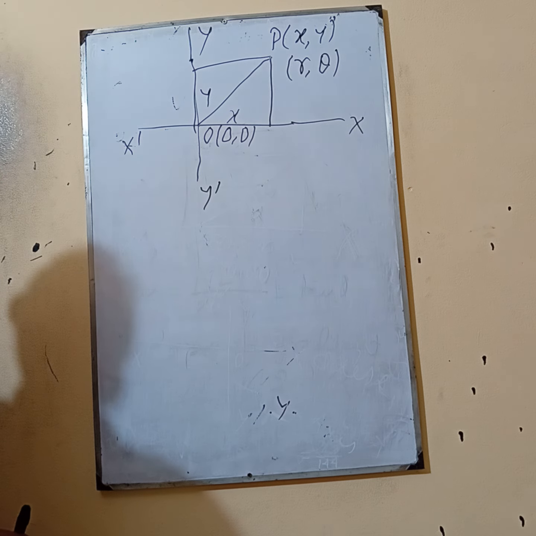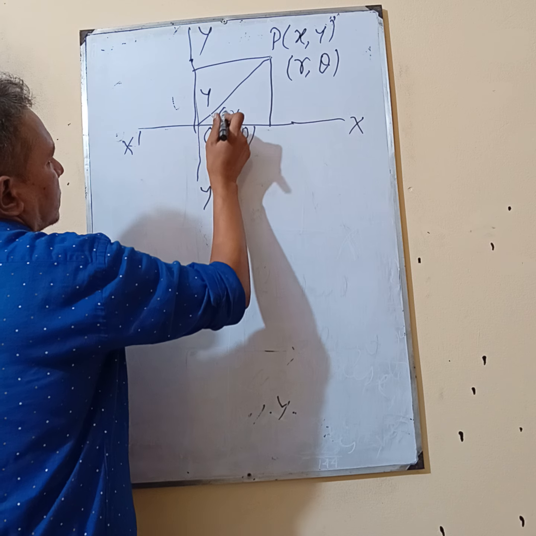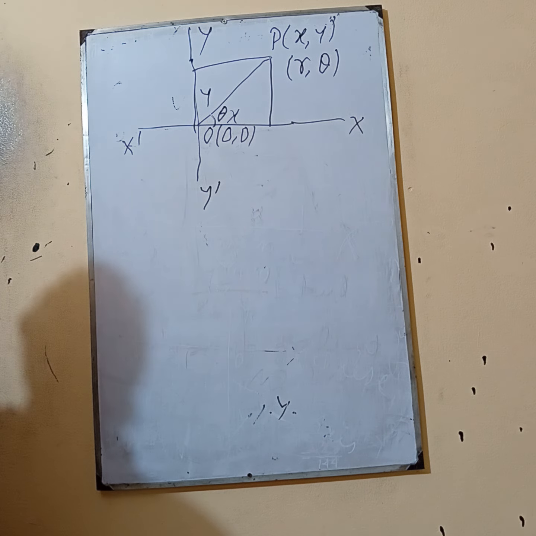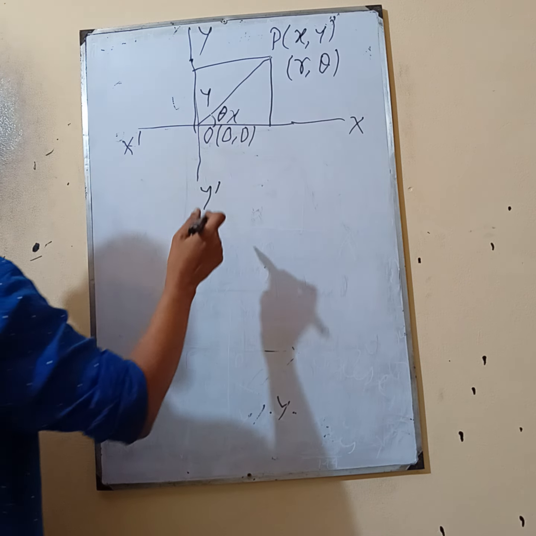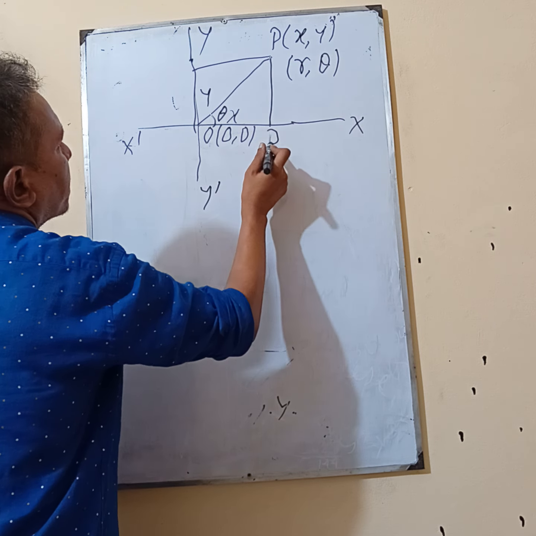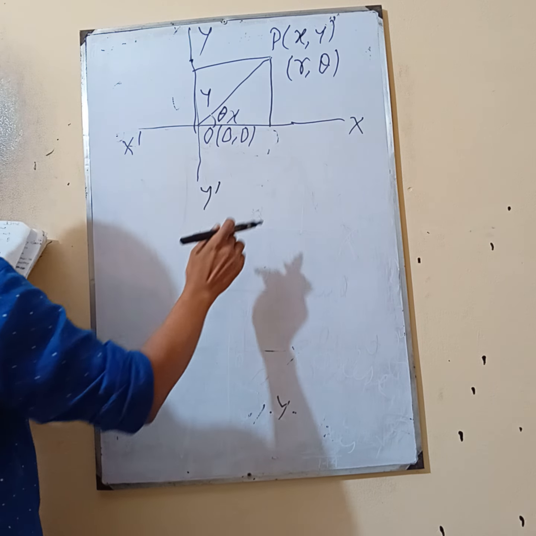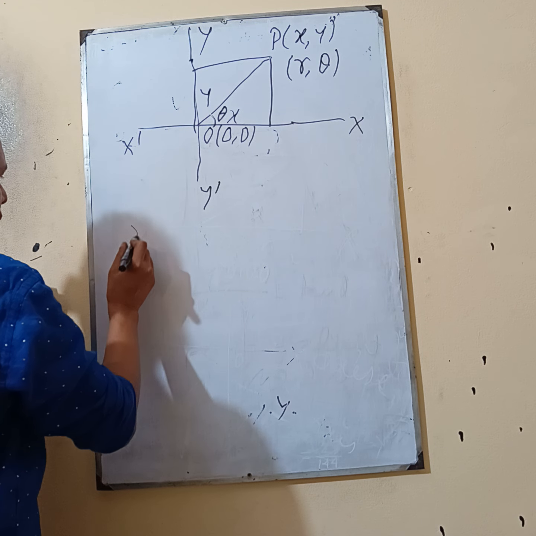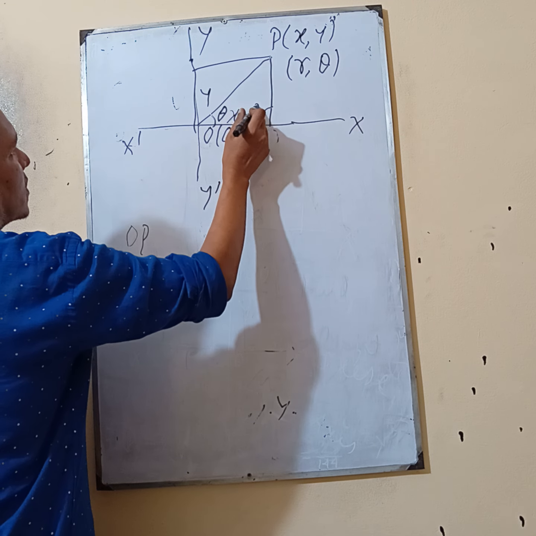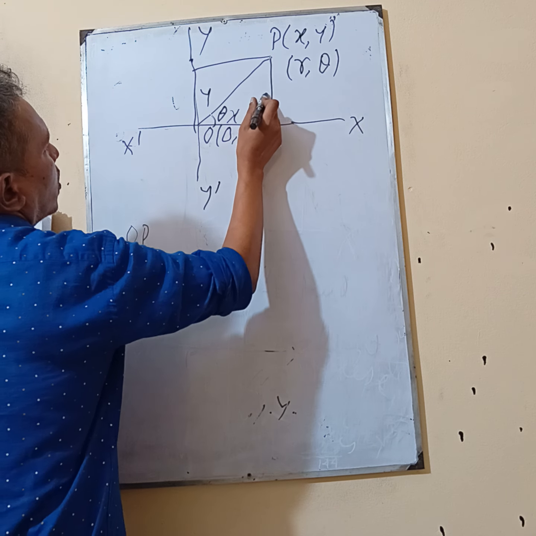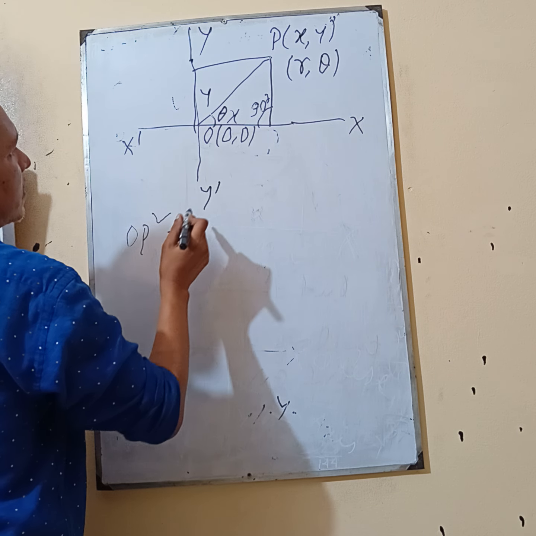Now I have a theta. Suppose OP is the hypotenuse, with a 90 degree angle.